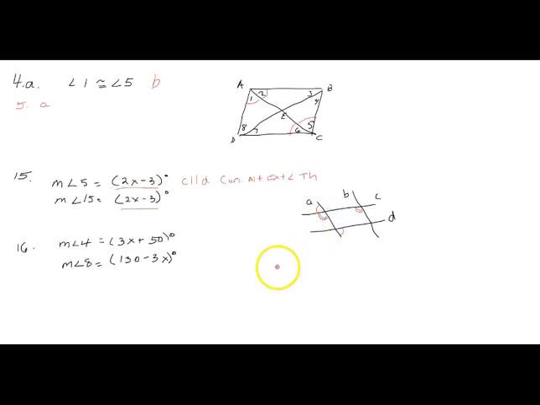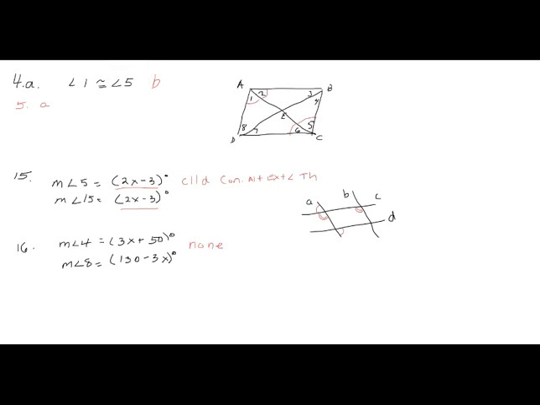We know that they're corresponding angles, but let's look at their degree measure. This is 3x plus 50. This is 130 minus 3x. We have no value for x. We have no way to solve, so there's no way that we can answer whether these angles are congruent. So we have to state none.